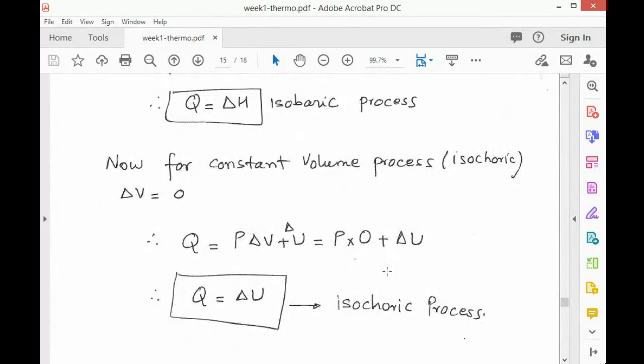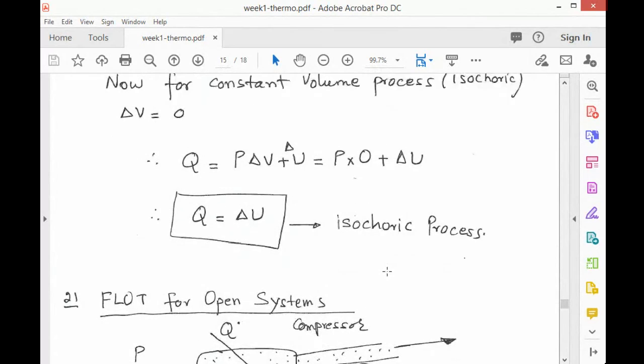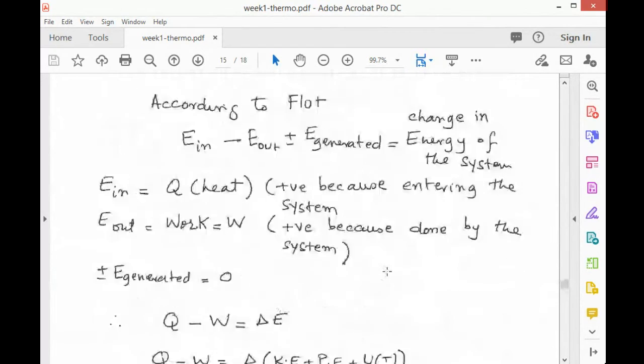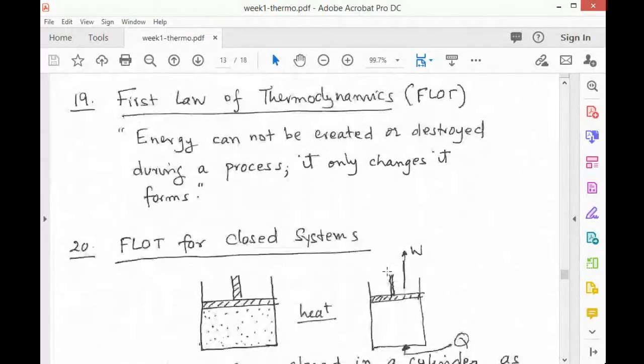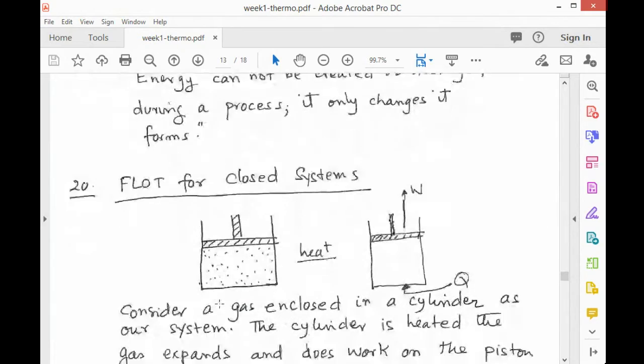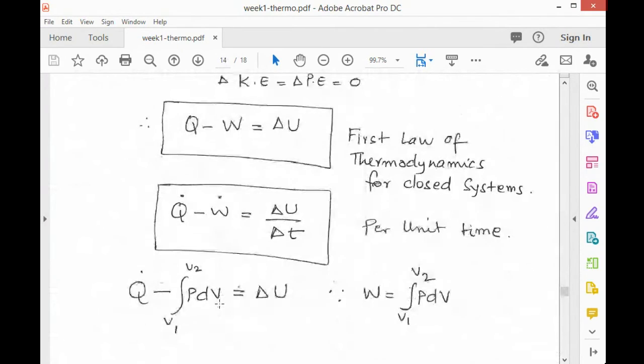Now, this is all about the closed system, where we cannot have any mass transfer. For example, in storage tanks, you put some oil and you leave it there, it becomes a closed system. Only heat can transfer.